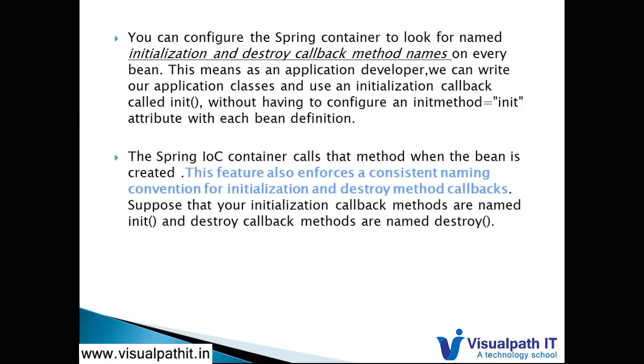So usually the better thing is to use init-method and destroy-method: init for the initialization callback and destroy as the destroy callback method. The Spring IoC container calls that method when the bean is created. This uniform feature enforces a consistent naming convention for the initialization and destroy method callbacks.